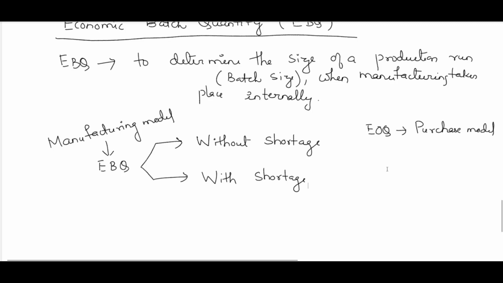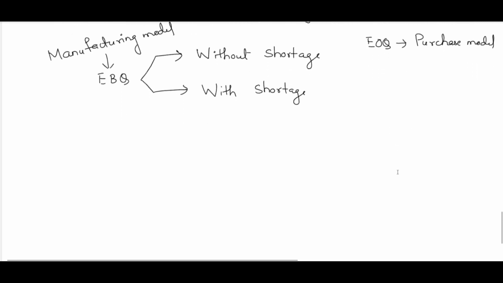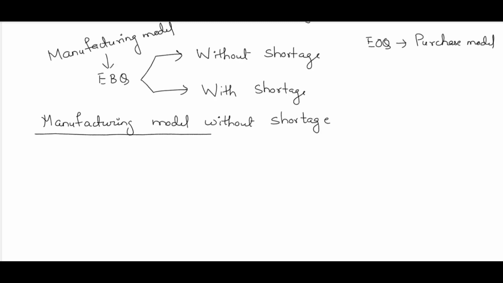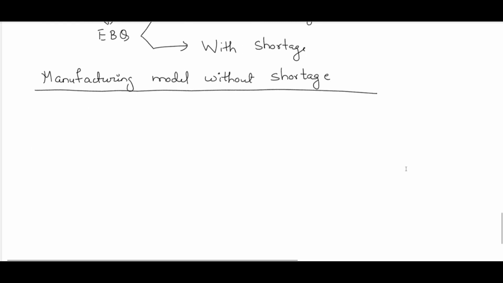So today I'll start with the manufacturing model without shortage. A manufacturing model means a company is manufacturing its components which are required for the main product.